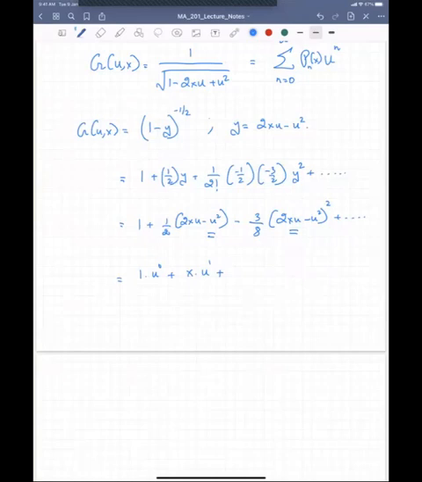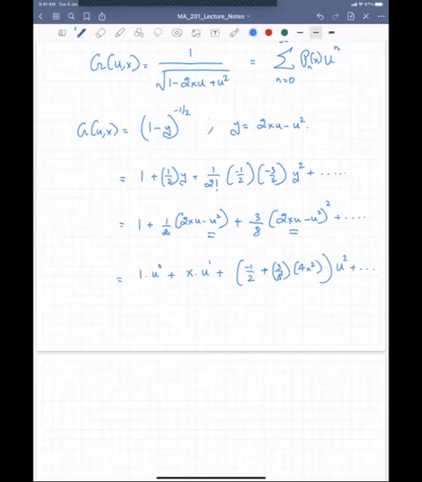So the coefficient of u square from the first term is minus half, and the coefficient of u square from the second term is minus 3/8 times, sorry, this is plus 3/8. So plus 3/8 times 4x squared.